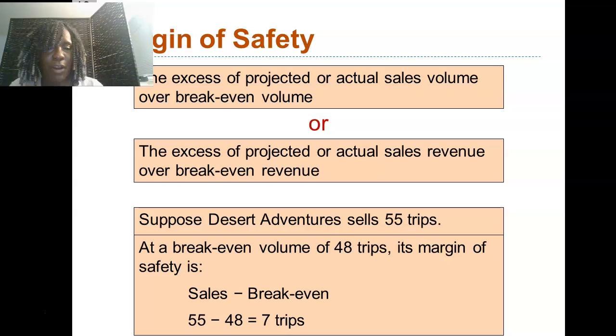And there is an area where you might not be losing money, but you're not earning as much. There is that margin of safety. It's a little bit over your break even. It's really something that an organization would absolutely need to know, because we know what our break even point is, but what is that little area where it's kind of safe, where you won't lose any money even if sales decrease?